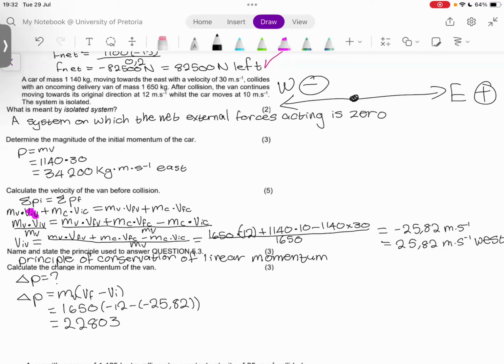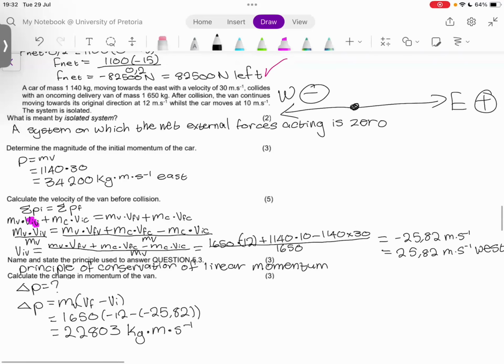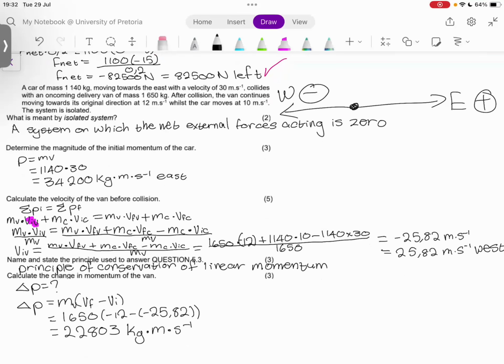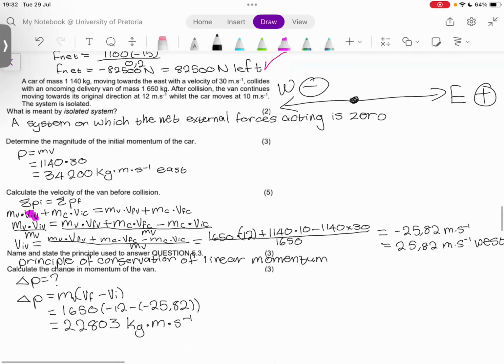A lot of you guys who have gotten the correct answer for this are also missing something, and that is SI units. It's kilograms meter per second. Cool. We can also state the direction over here and say east. Because remember, east is positive for this specific problem.